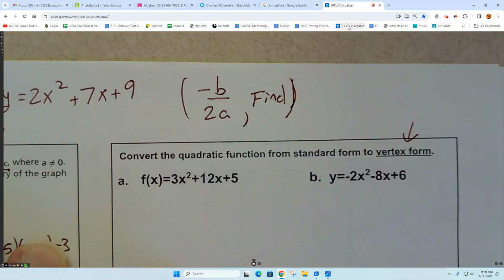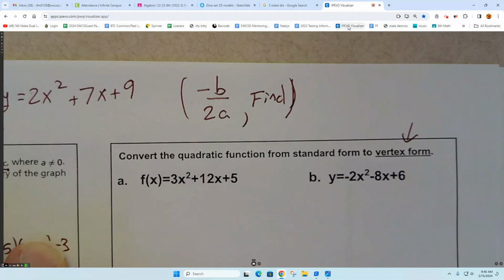Say it with me. -b over 2a. -b over 2a. You have to know this.